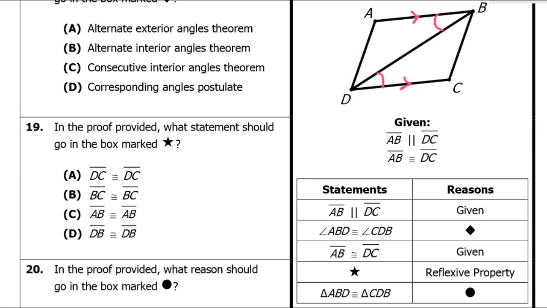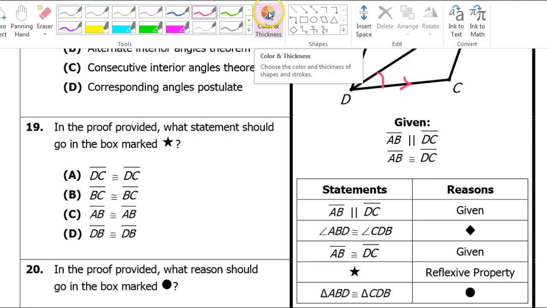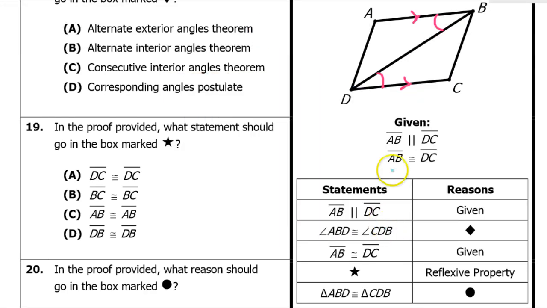Now, that reminds me that we had this theorem that went like this. The letter Z. See if you can see the letter Z that I'm drawing right now. If the top and bottom of the Z are parallel, then the angles in the corners of the Z are congruent.